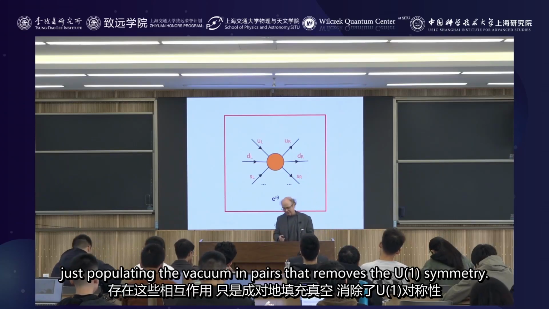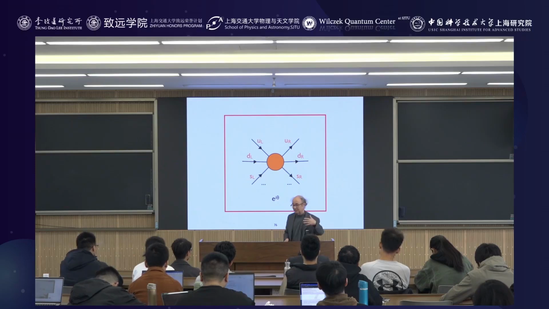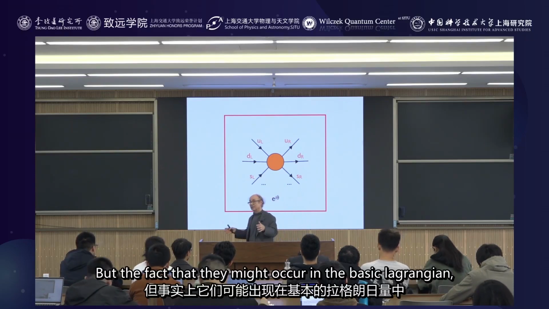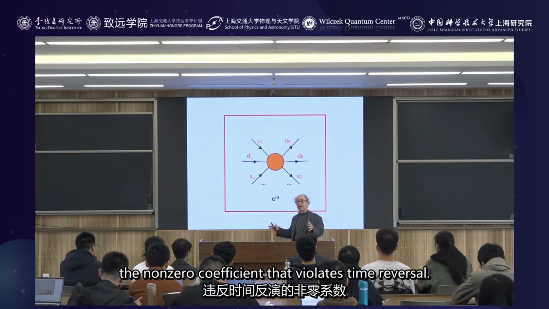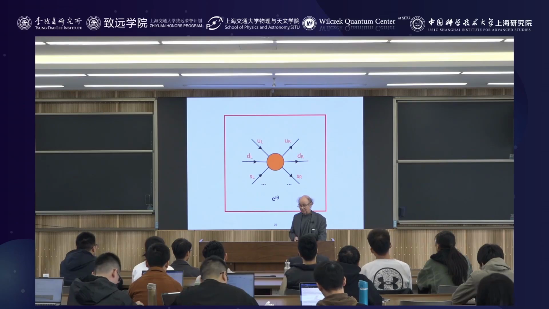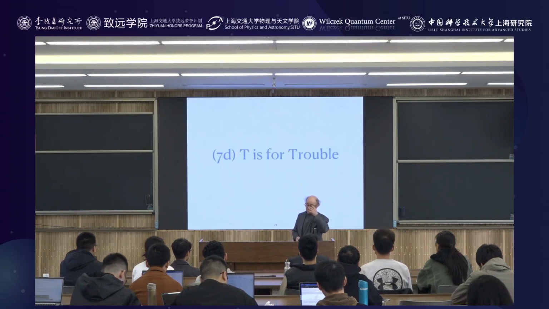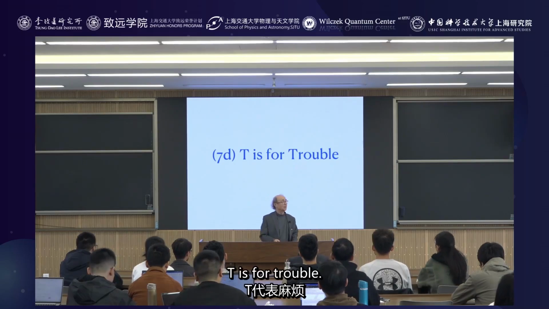That removes the U(1) symmetry, so that's good. But the fact that they might occur in the basic Lagrangian with a non-zero coefficient that violates time reversal, that's really bad. So T is for trouble.